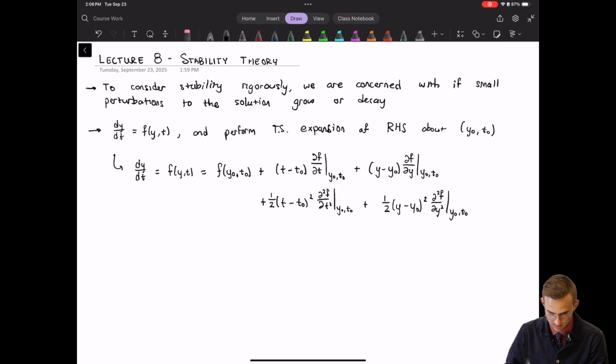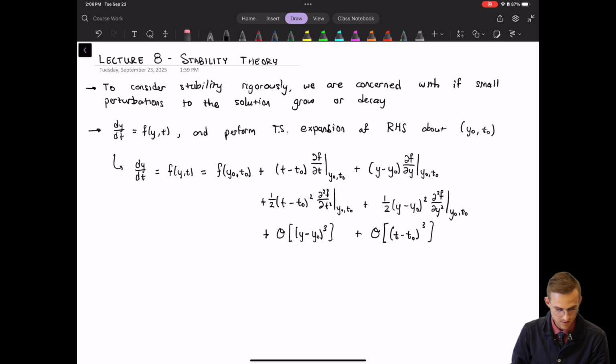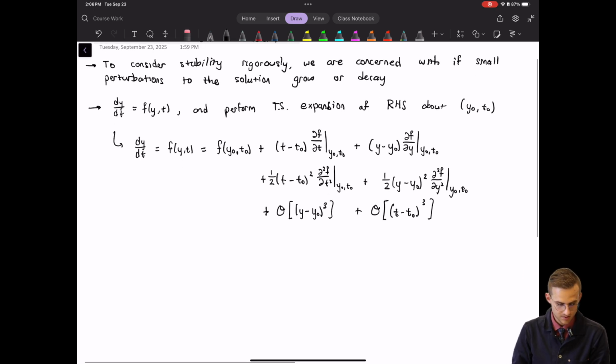And then we get some third order terms in both t and y. So we have y minus y naught cubed, and other error terms that are t minus t naught cubed. Okay? So here's what we're going to do. We're going to throw out all the terms of second order or higher.